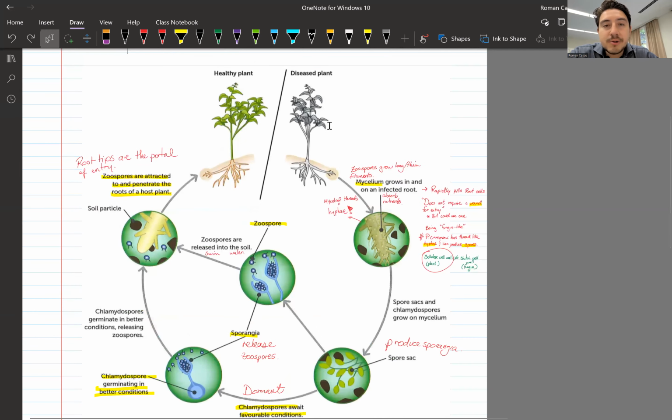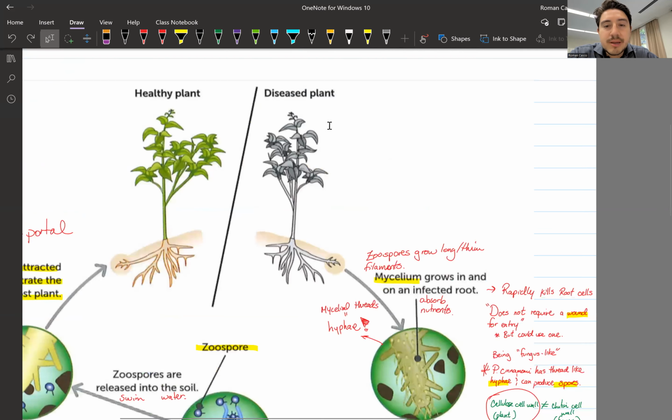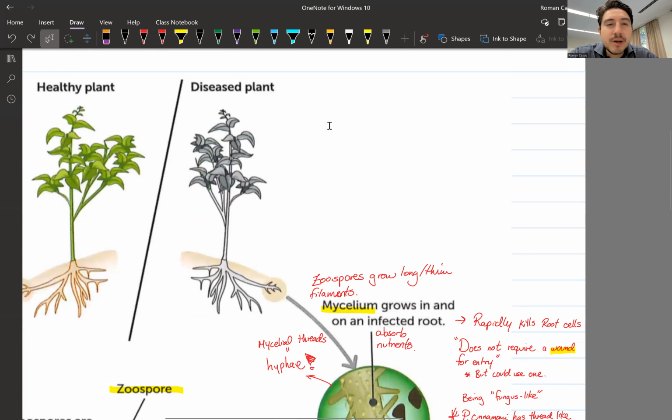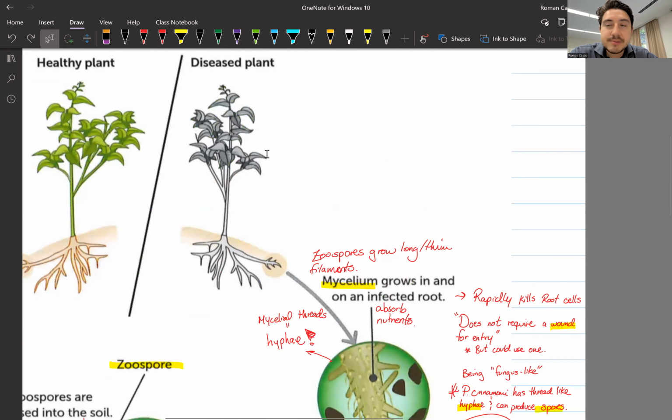So again, we're talking about zoospores. Don't think that zoospores are just limited to fungi. We're talking about protists, but they can also produce zoospores. You can think of a spore as just an asexual structure that has a little filament that can propagate.